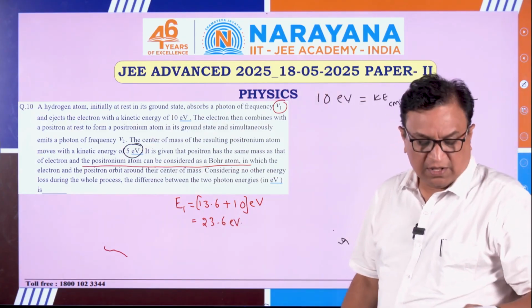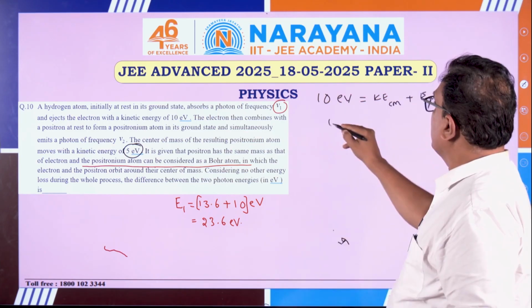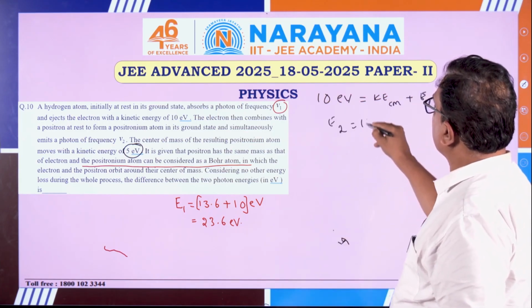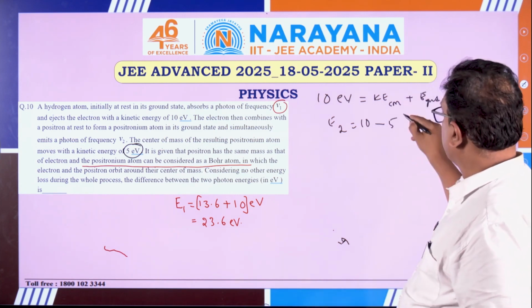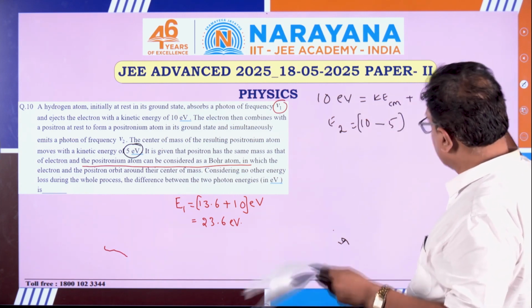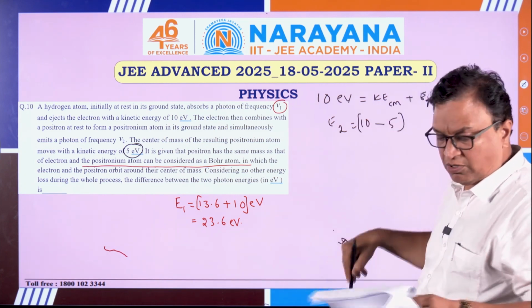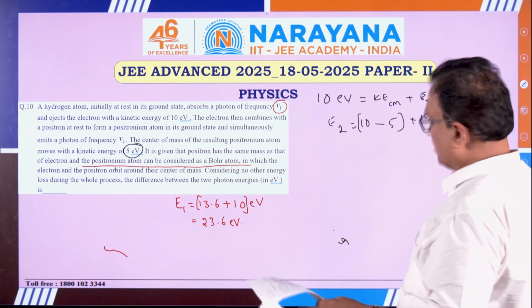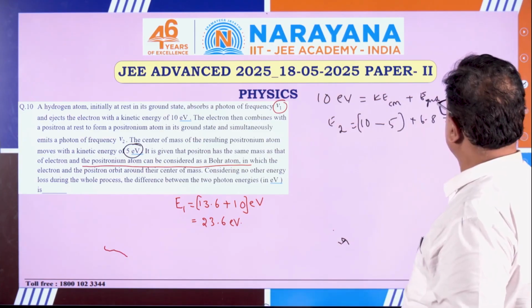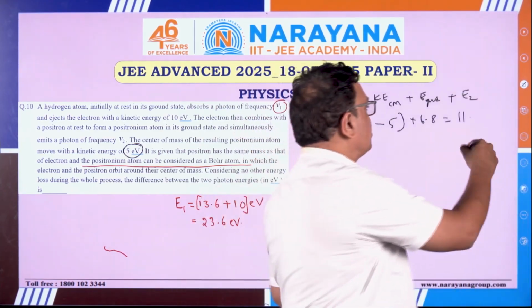You know that. So therefore, E2 will become 10 electron volts minus 5 electron volts, and actually this is minus 13.6 by 2, so this will become plus 6.8. So overall this will become 11.8 electron volts.